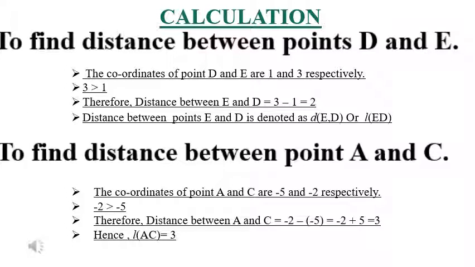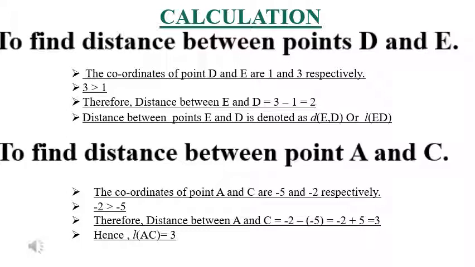Another example: we have taken point A and point C. The coordinate of point A is minus 5 and the coordinate of point C is minus 2. Now minus 2 is a bigger number compared to minus 5, because we have learned that when we move towards the left hand side from 0, the value gradually decreases, whereas when we go to the right hand side, the value gradually increases. So the distance between A and C will be bigger coordinate minus smaller.